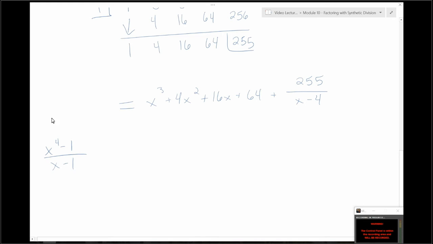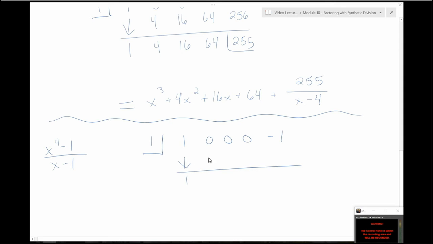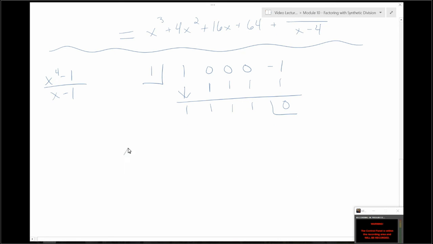So let's say rather than x minus 4, we had x minus 1. And so based on what we saw before, we'll bring the first term down, multiply in a check, and add down. And what we notice is we get 0 here. So we have x to the fourth minus 1 over x minus 1 is x cubed plus x squared plus x plus 1.